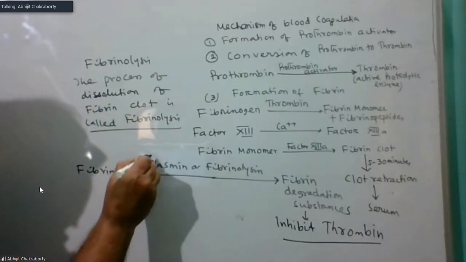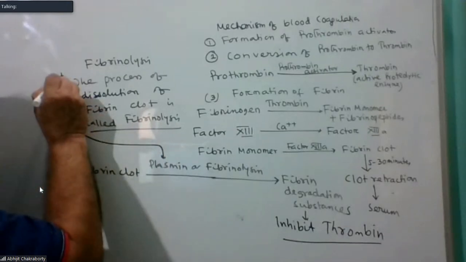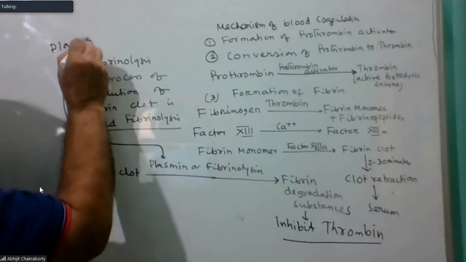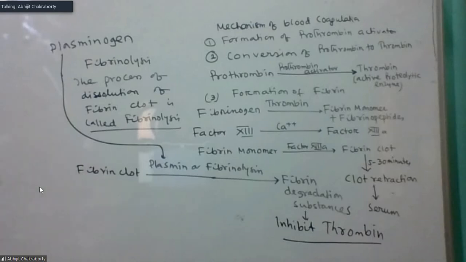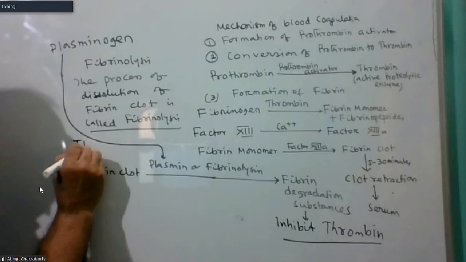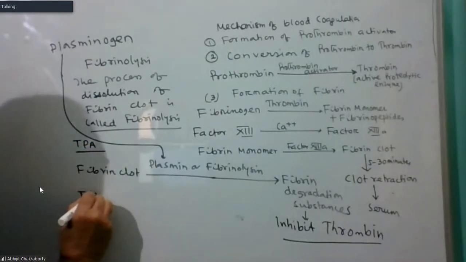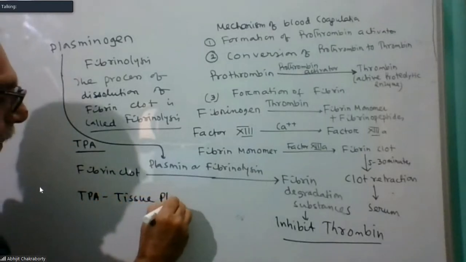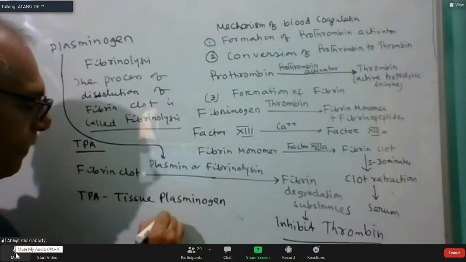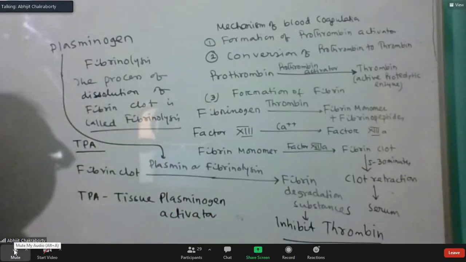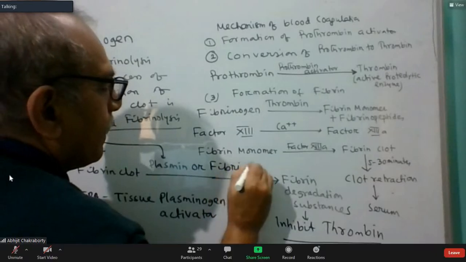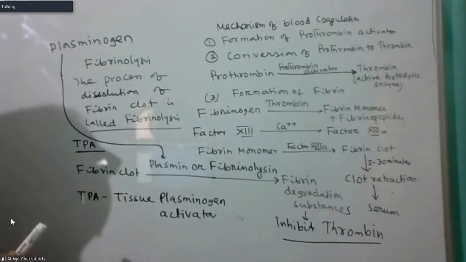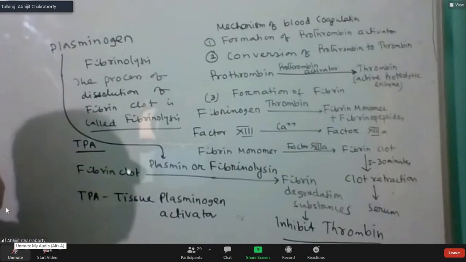Now you see here plasmin. From where does this plasmin come? Plasminogen is converted to plasmin in the presence of tissue plasminogen activator. Plasmin, or fibrinolysin, is produced from plasminogen in the presence of tissue plasminogen activator.